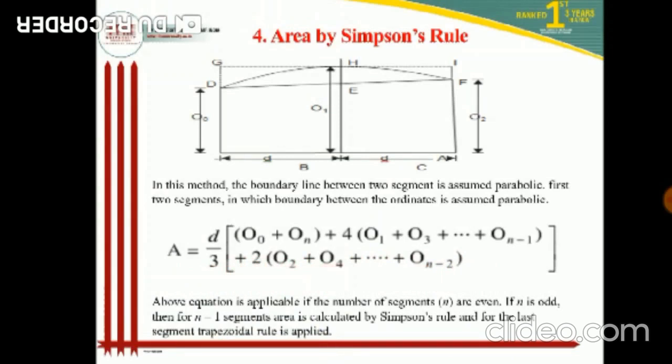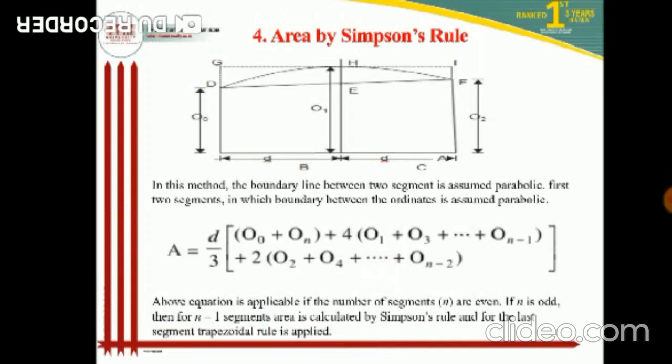Suppose we are given 7 segments. Then we calculate the area between segments 1 to 6 by Simpson rule, and the area between the 6th and 7th is calculated by trapezoidal rule. Then we add the areas to calculate the area of the whole field.